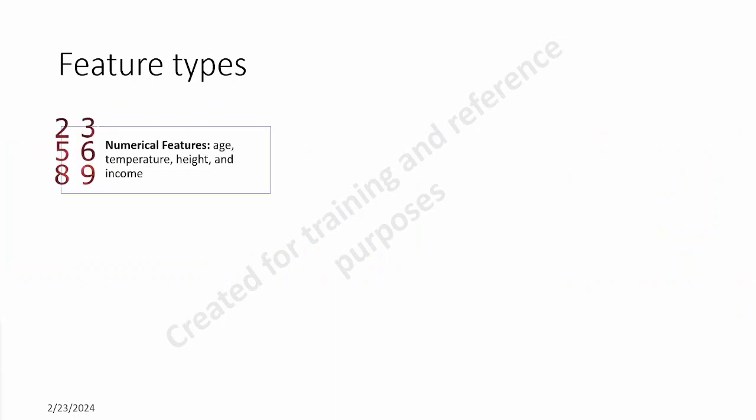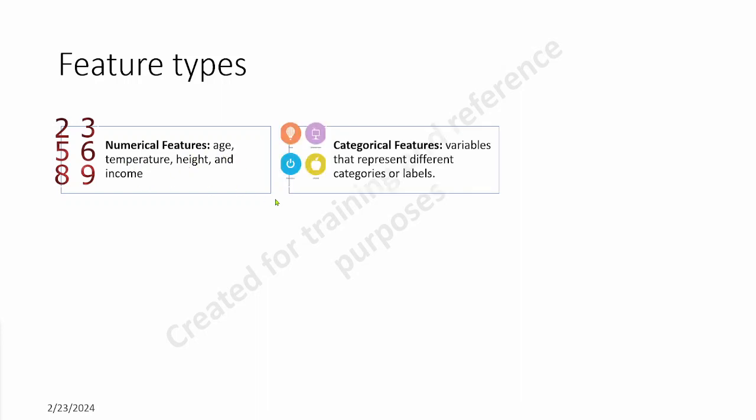So let's talk about the feature types now. There are different types of features. Let's go through each one of them. Numerical features are quite easy: age, temperature, height, and income. Categorical features have to do with categories, for example district code, region code, product code, product category, zone, or country.